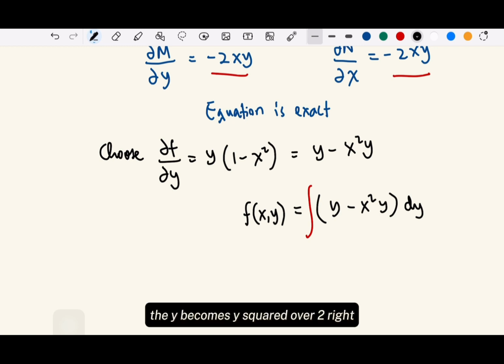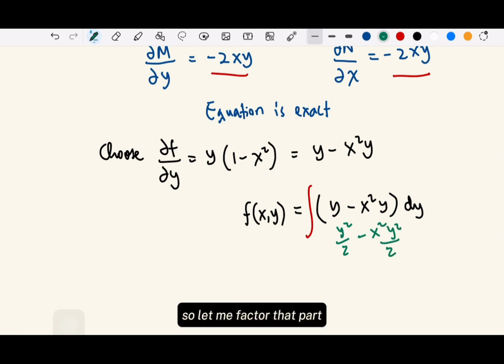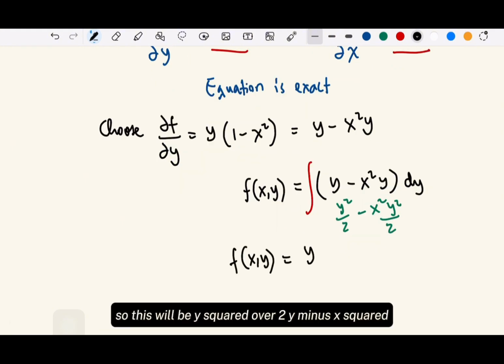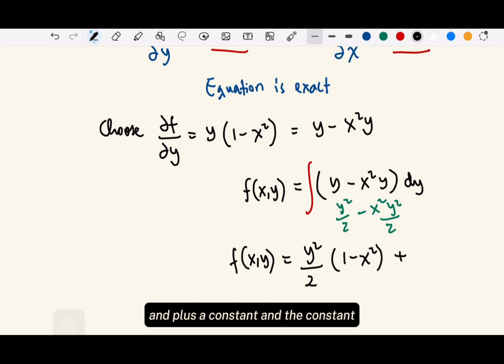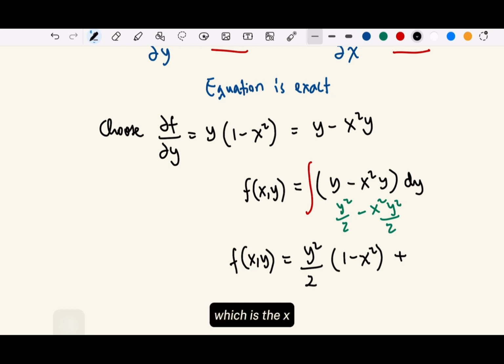Integrating dy becomes y squared over 2, right? So let me factor that part. So this will be y squared over 2, y minus x squared, and then plus a constant. And remember, if we are taking the integral as a partial, the constant will be the function of the other variable, which is the x. Okay, like that.